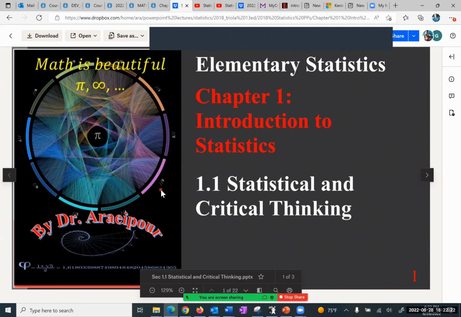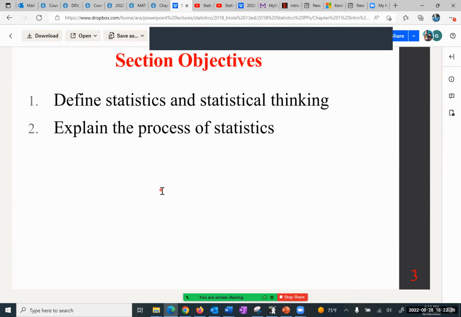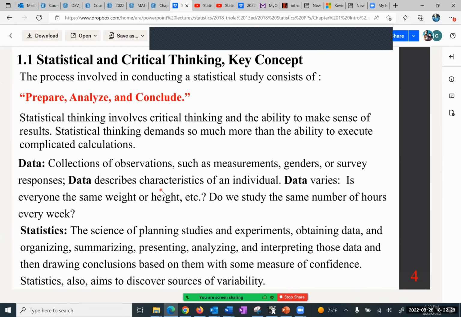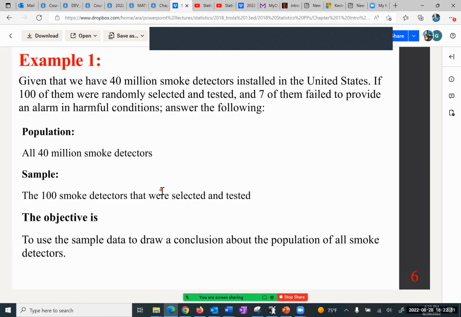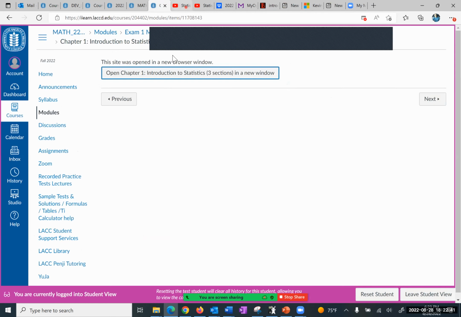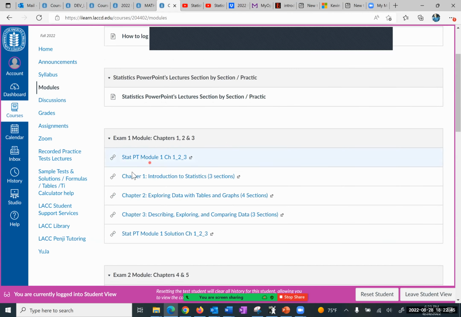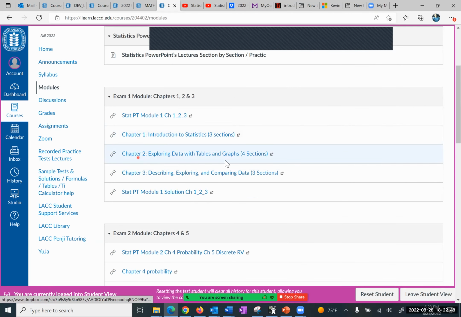And if you put them in slide mode, when you get to definitions or examples, and the first chapter is just definitions, it will go through it line by line. So that's chapter 1. The same thing happens with chapter 2, and the same thing happens with chapter 3.